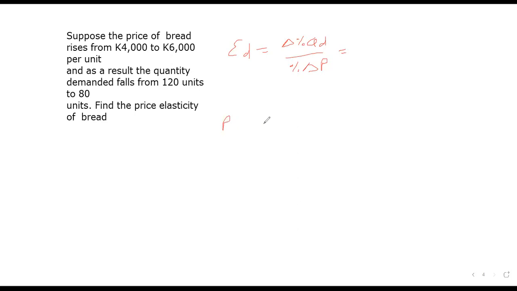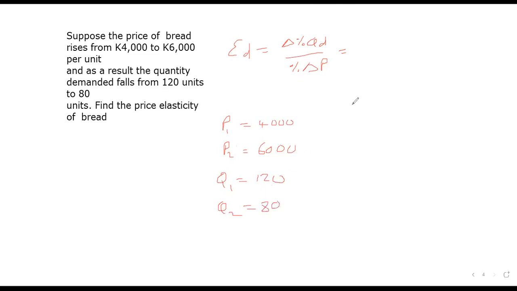So P1 is 4,000, P2 is 6,000, Q1 is 120, then Q2 is 80.